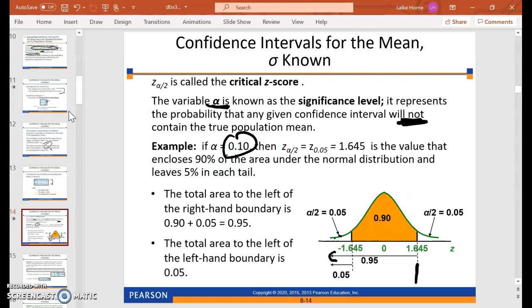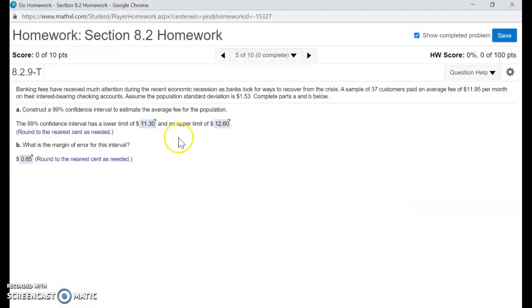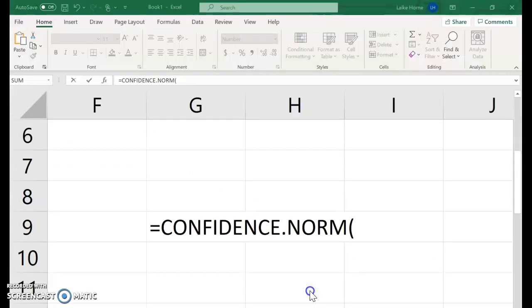Okay, so alpha is the significance level. It's the probability that it will not contain the true mean. So in our problem, 0.99 is the confidence level, so 1 minus 0.99 would be alpha, so 0.01.